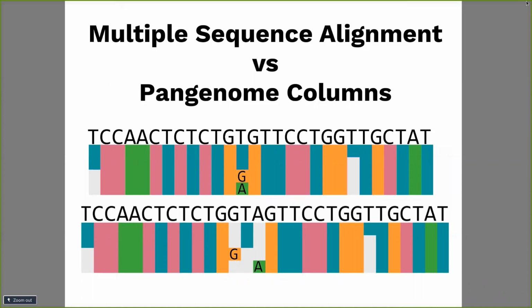In a pangenome matrix, each variant has its own column and is shown as either present or absent in each individual. The pangenome sequence contains all variants and insertions present in an individual. For this reason, it will be longer than any individual sequence.